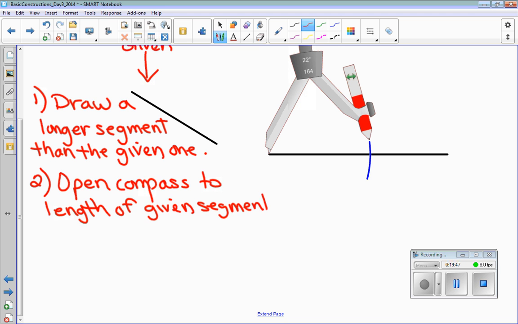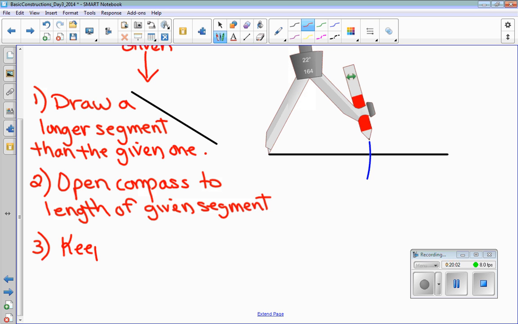All right, and then the third one, it's only 3 steps. Then what? Once you've measured it, do we move the spread of our compass? So keeping the same spread, what will we do? Put an end on one and draw an arc. Okay?